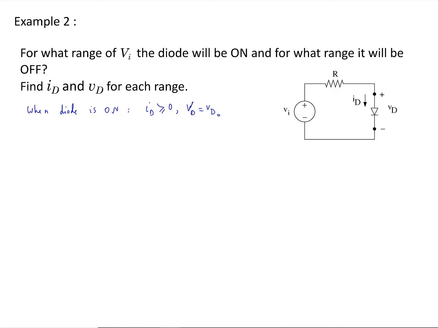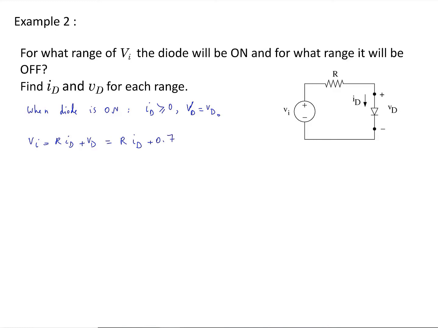From there, I can write KVL in this equation and write VI equals R times ID plus VD. When the diode is on, I'm going to replace VD with VD naught. So I'm going to say VI equals R times ID plus 0.7 volts.